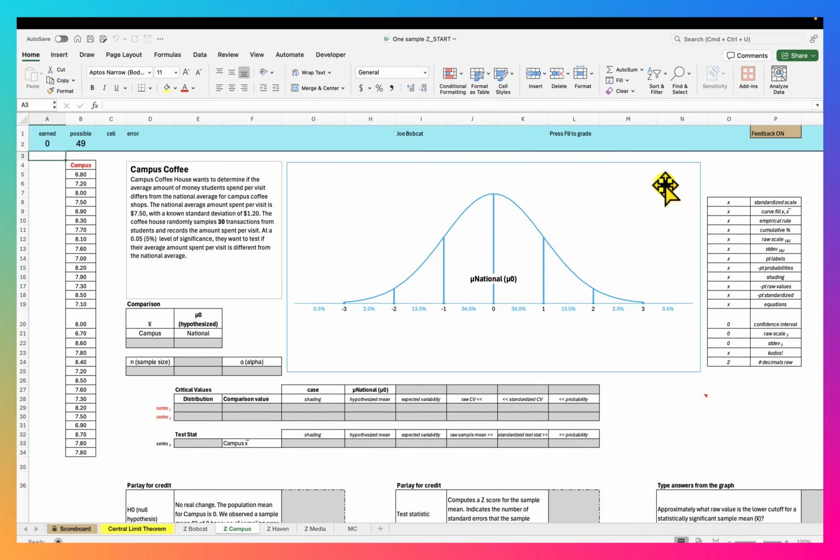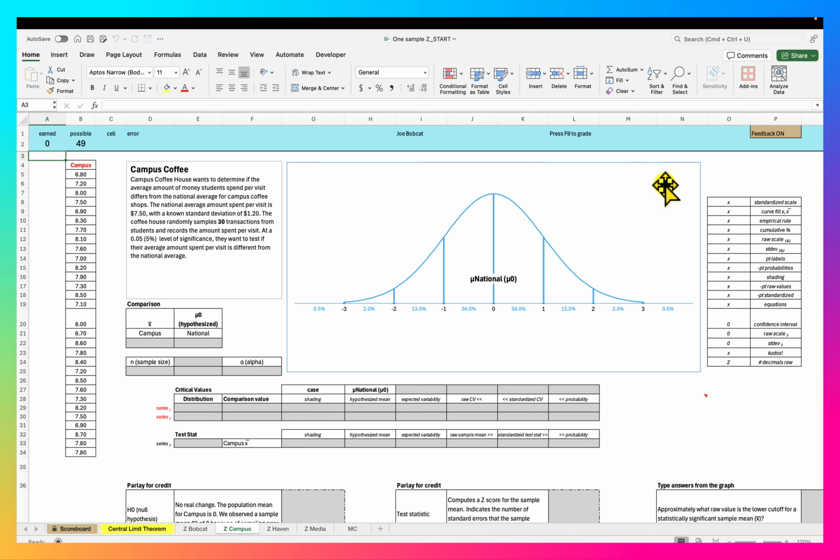Welcome back. Now we're looking at a problem about a campus coffee house. The campus coffee house wants to determine if the average amount of money students spend per visit differs from the national average for campus coffee shops. The national average amount spent per visit is $7.50, with a known standard deviation of $1.20.